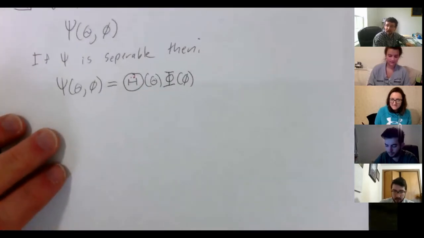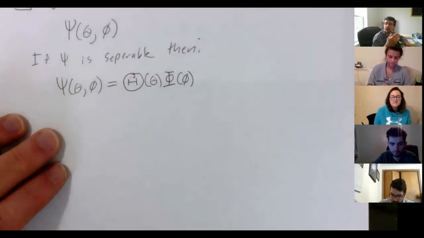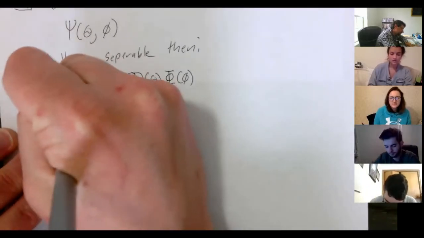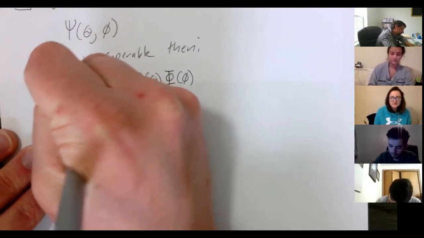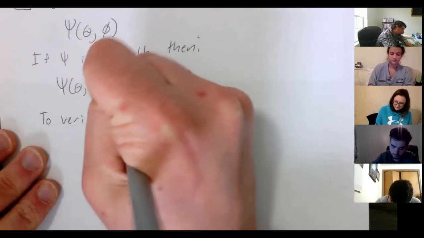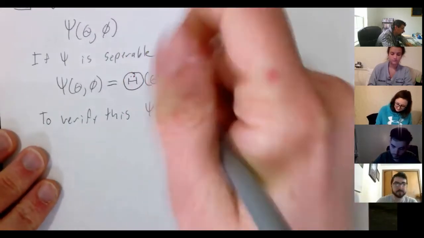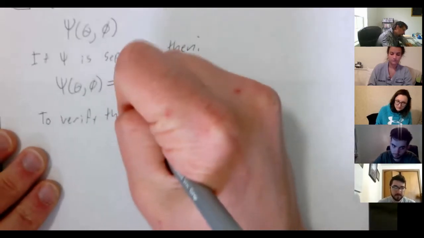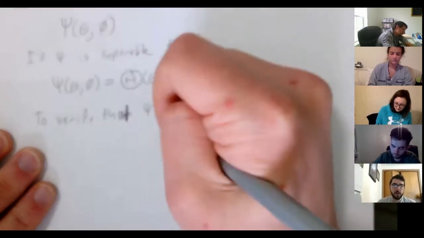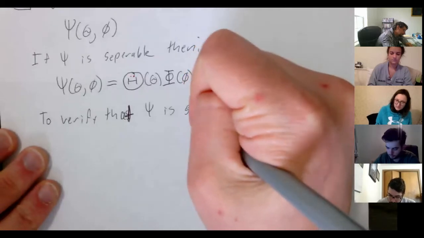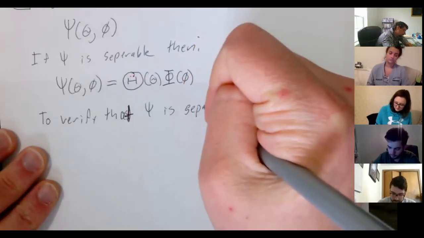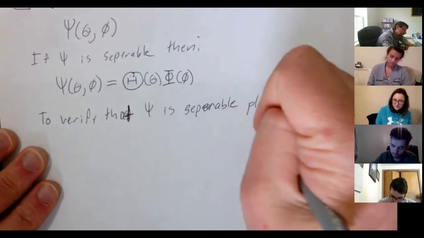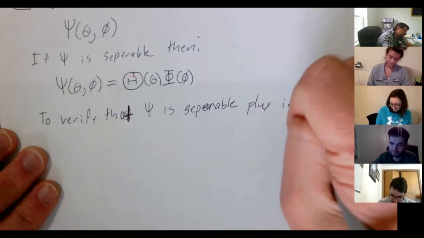If we want to verify this, we have to plug it into the Schrodinger equation and show that it's true. So to verify this, psi is separable. Man, I'm having a tough time spelling today. We're going to plug into the Schrodinger equation.